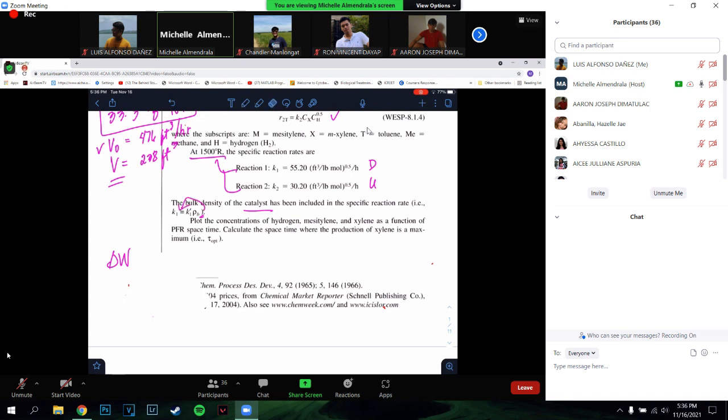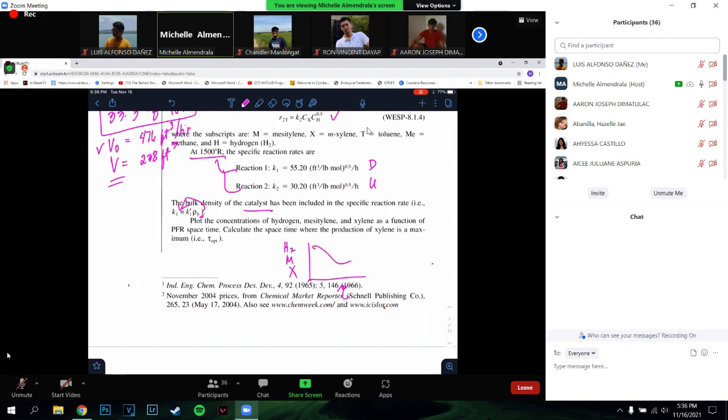So plot the concentration of hydrogen. So you just want to have, therefore, a plot of the concentration of hydrogen, mesitylene, m-xylene as a function of the tau. Okay, so those three: hydrogen, mesitylene, m-xylene as a function of time.